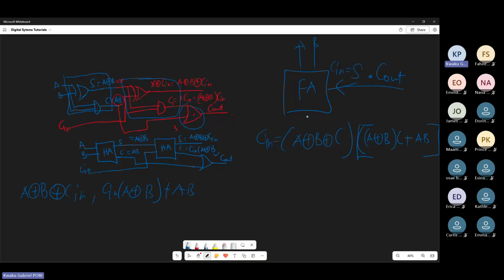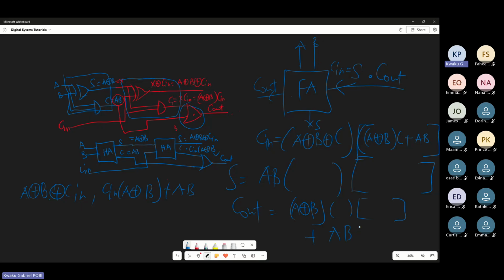So the sum that will be here, and then your carry out that will be here, will just be something like this. Your sum will be A XOR B and then this whole C in. So A XOR B and then this whole expression. That's all. And then your carry out will be this times this. Sorry, A XOR B, times the C in, which is the whole bracket, plus AB.